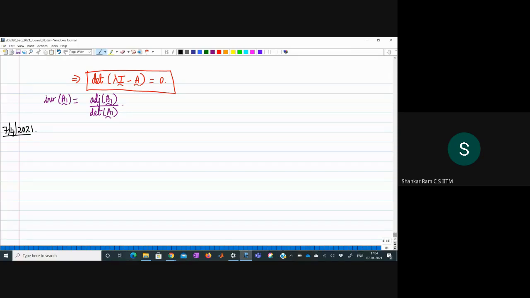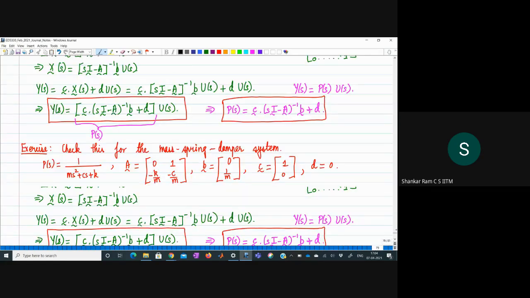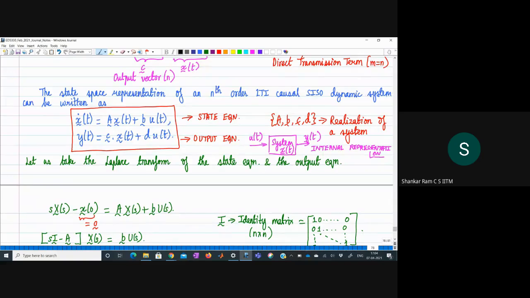So let's continue from where we left off in the previous class. If you recall, we were looking at the state space representation, and we saw that the basic idea behind it is to rewrite this nth order ODE as n first order ODEs, and then formulate what are called the state equation and the output or measurement equation.